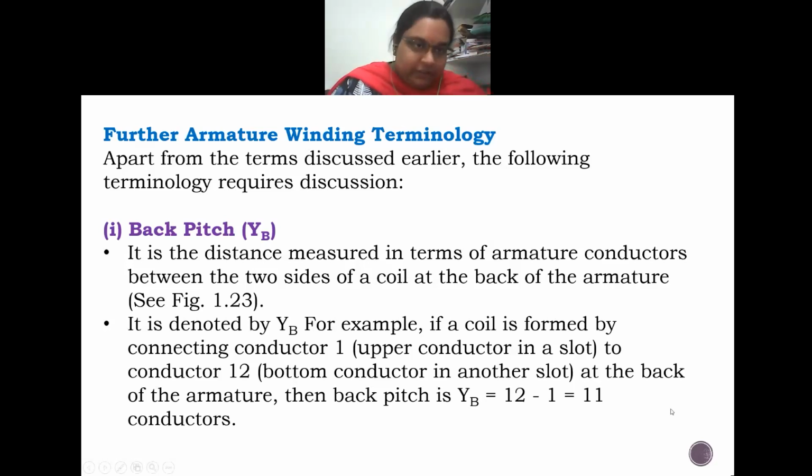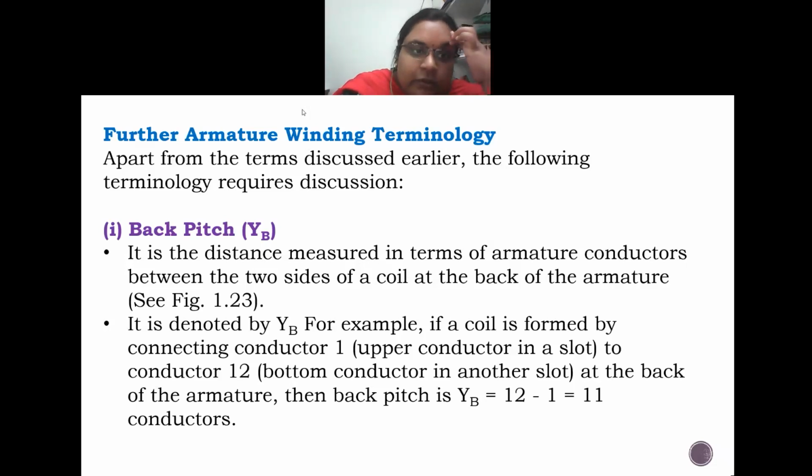So the first definition which you are going to see is the back pitch. It is the distance measured in terms of armature conductors between two sides of a coil at the back of the armature. Here you can see what he means.